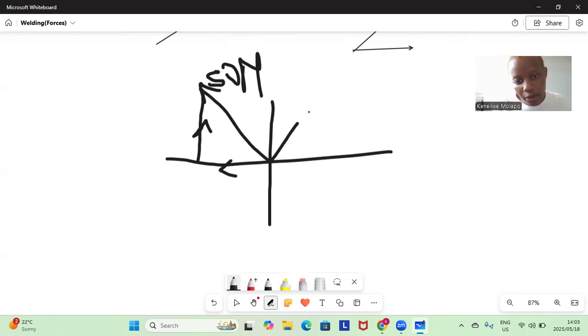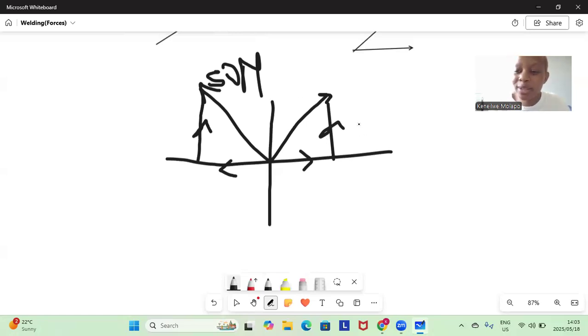Same on this side, you have this, it goes there, then this one also goes there, then this one goes there, so this goes to your right. This shows which sign you must use for the F at x: the positive for this one, the negative for this one. So this also shows which one you have to use for the y.